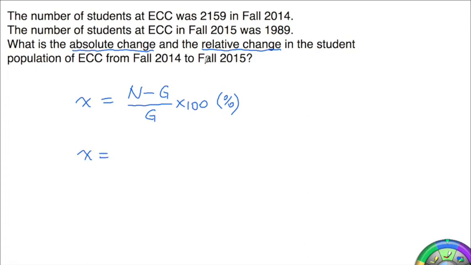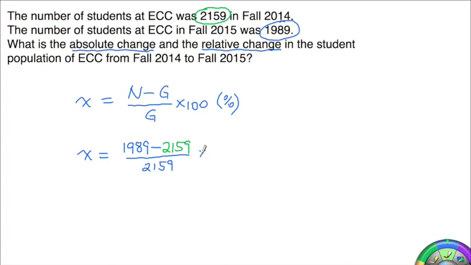That would be your fall of 2015, and there were 1989 students, so that's going to go in place of new, 1989. The old number is the previous value, which was 2,159. So that's going to go here, 2,159. But that's also going to go in the denominator. So we're just going to copy it over again, 2,159.